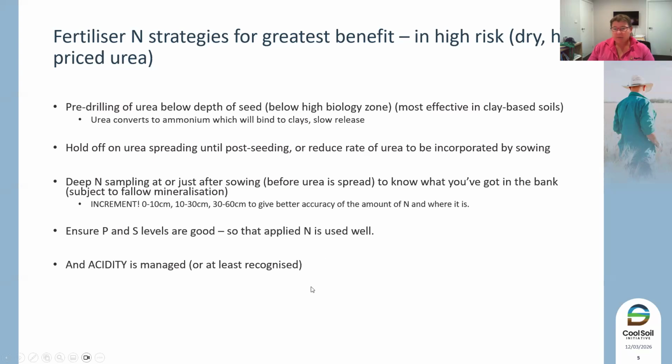So yeah, just some thoughts in terms of some of the things to think through around de-risking your nitrogen usage this year.